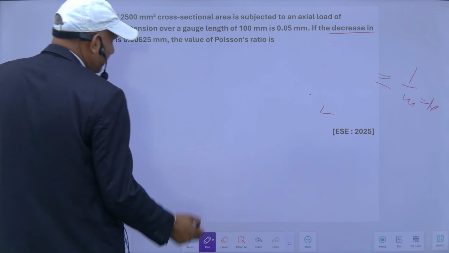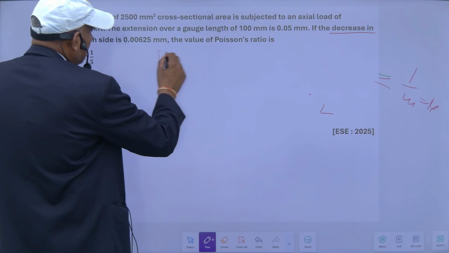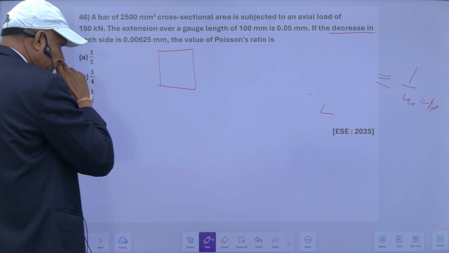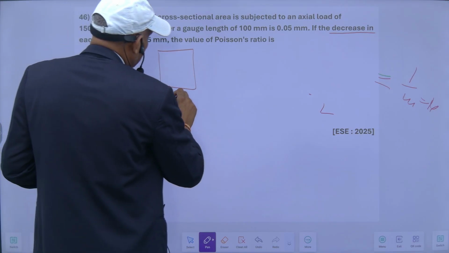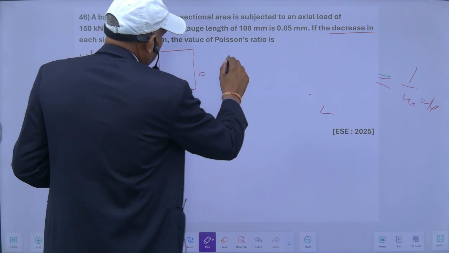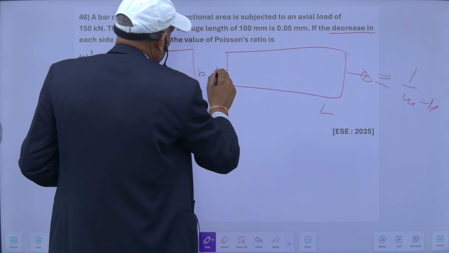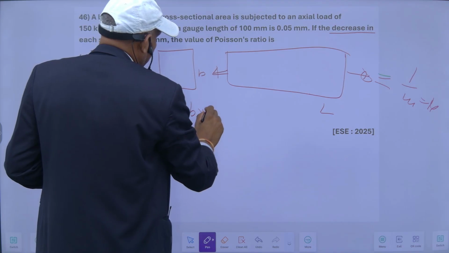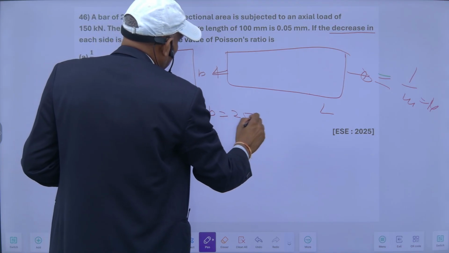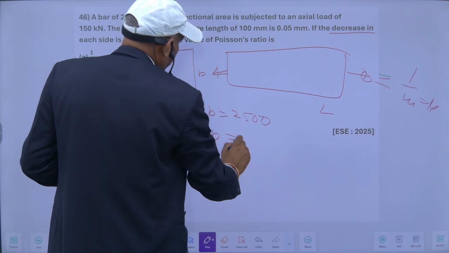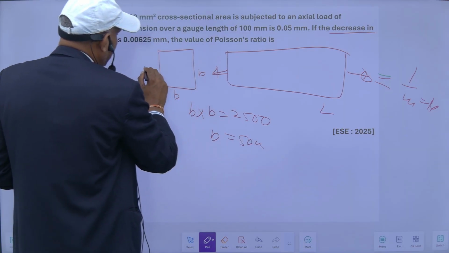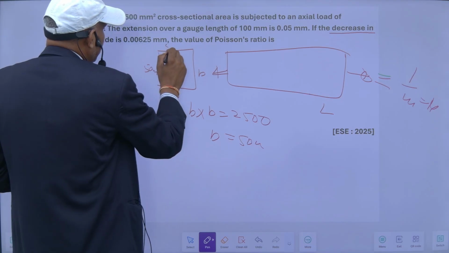So this is a square. Suppose your side is B, this is B. So B square into A is equal to 25. So this will be equal to 50 mm. So this side is 50 mm and this side is 50 mm.